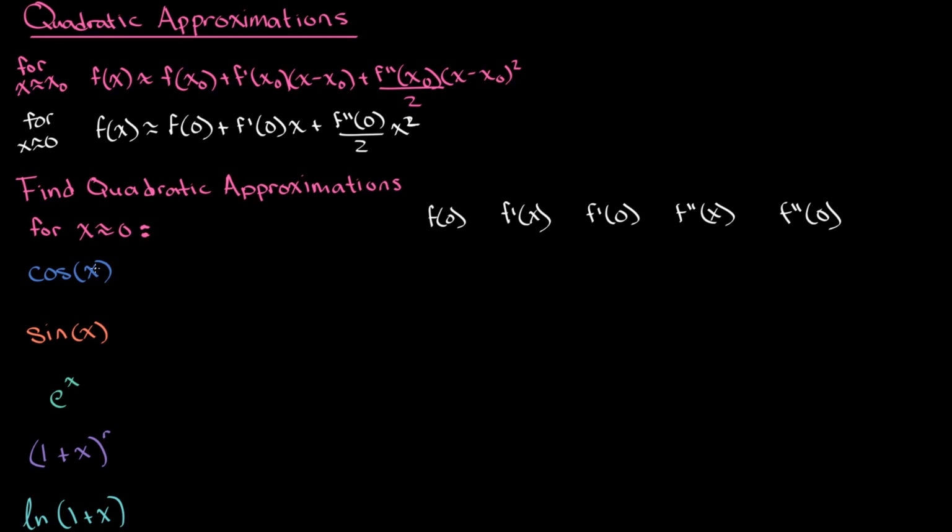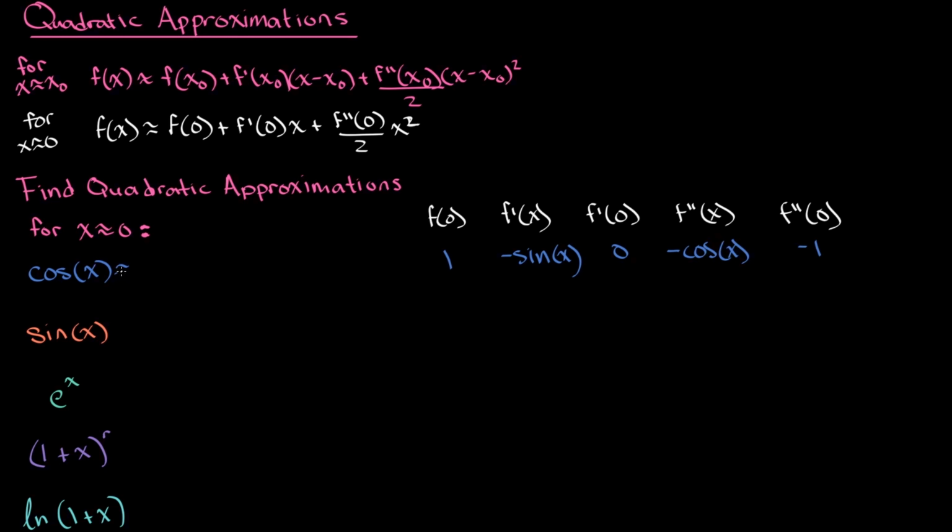Okay, so cosine of x, we worked with this one in the last video, so let's fill in this table. Cosine of 0 is 1. The derivative of cosine is negative sine of x. Evaluating this at 0 is just 0. The derivative of negative sine of x is negative cosine of x. Evaluating it at 0, we get negative 1.